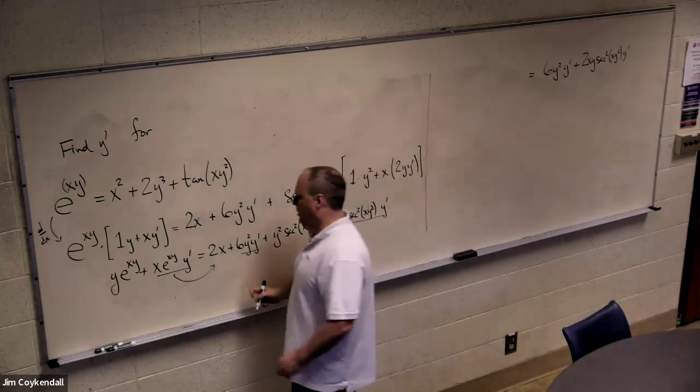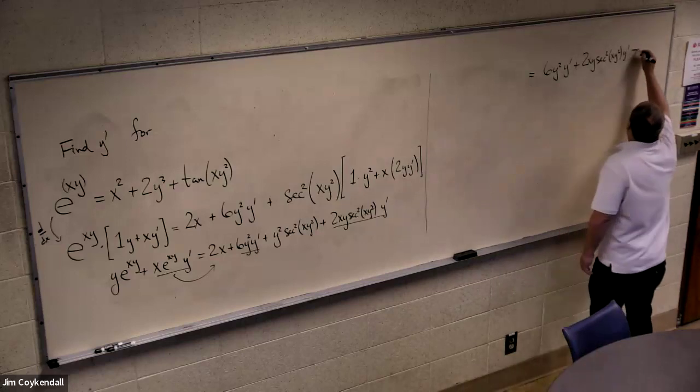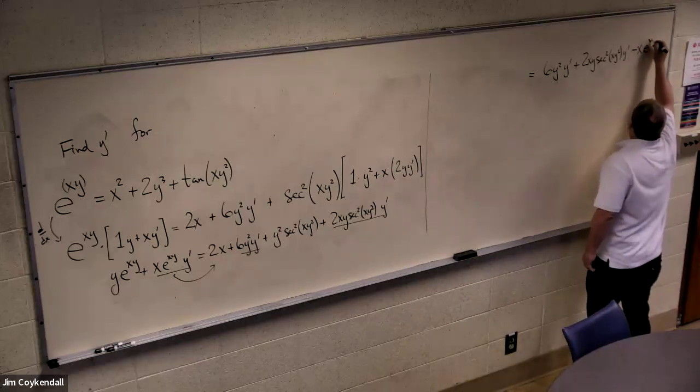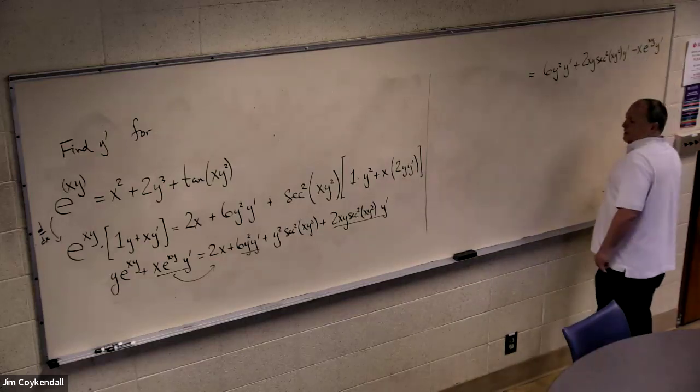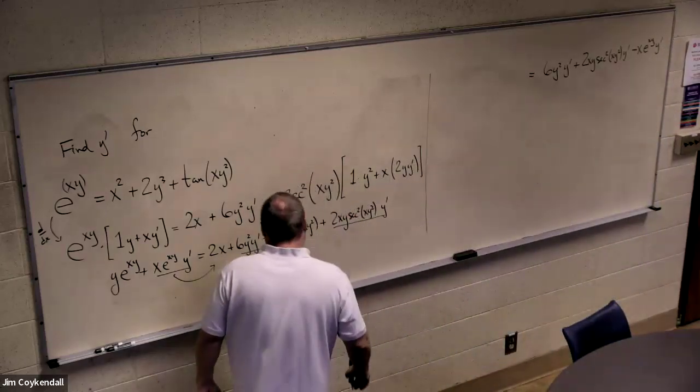Got those two accounted for. And then this over the other side, minus x e^(xy) y prime. So there's the step on the right side.